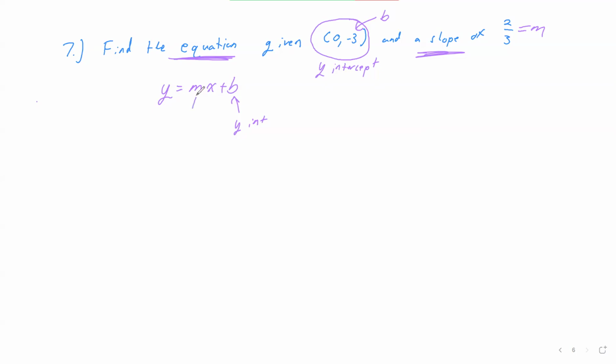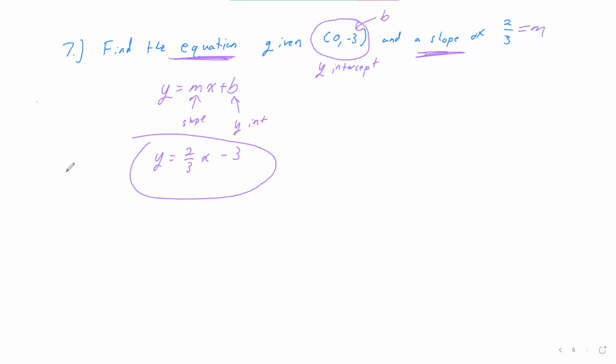Because if you realize those two things, then you can plug it into the formula and you're done. So your answer here would be y equals 2/3 x. Now, if I have a plus and my b is negative, what's that going to become? Good. So it becomes minus 3. And that's it.